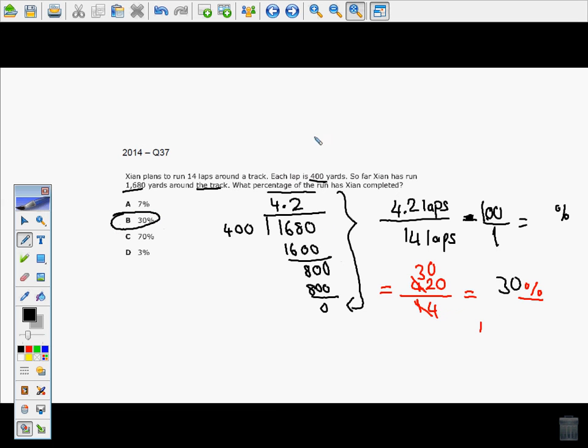So our answer is B as in boy. Once again, what we did was we decided 1680 yards is equal to how many laps, because one lap is equal to 400 yards, and we found that it is 4.2. Then we compared 4.2 laps as how many percent of 14 laps, and then we did the operation accordingly.